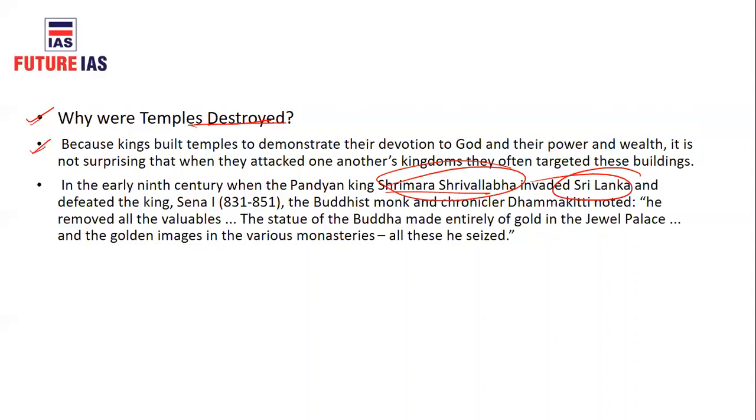And he defeated the king, who is also known as Sena I. A Buddhist monk noted that the statue of the Buddha was basically stripped of the most valuable items which were on it, right? The jewels and the golden images in the Western monasteries were all seized by this Pandyan king.